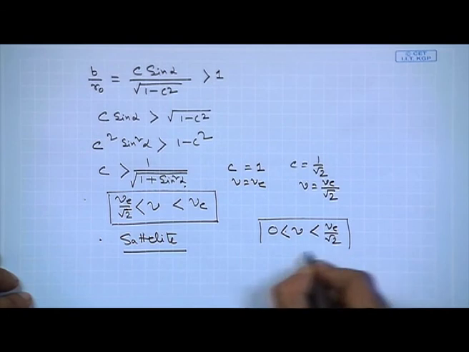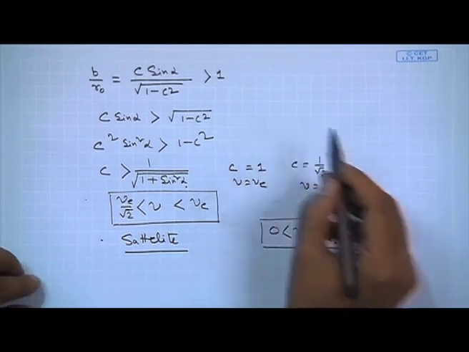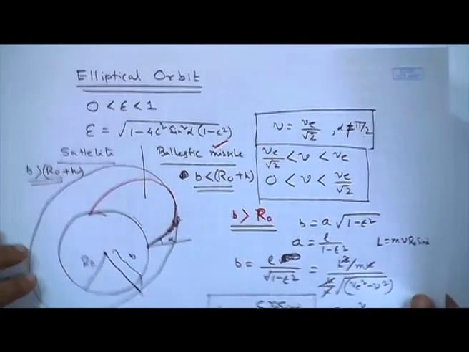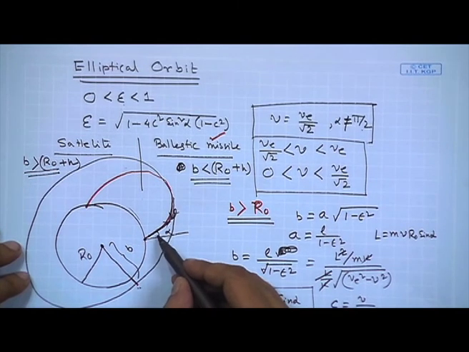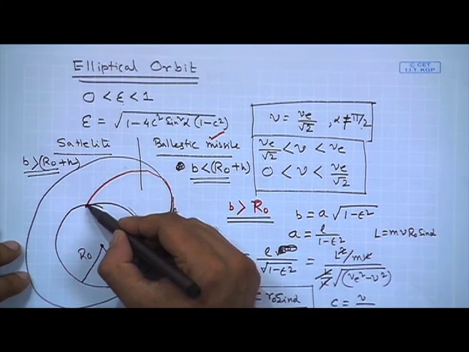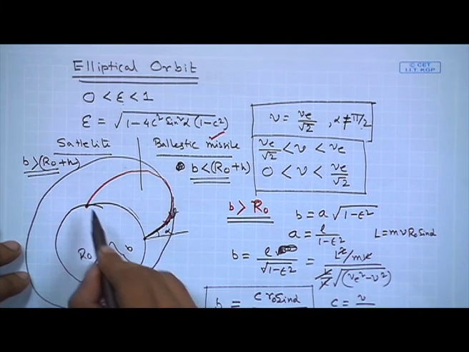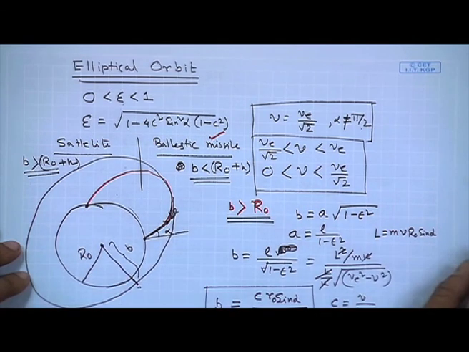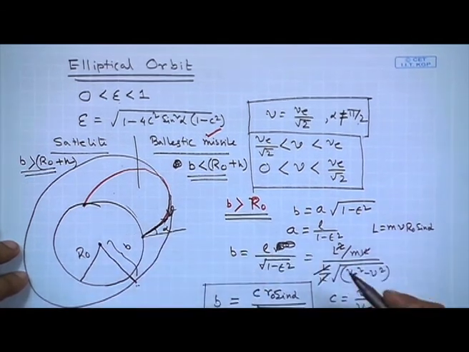And for this particular case, as I have discussed already, as the length of the semi-minor axis is less than r0, the object projected from Earth will come back and hit the Earth's surface at some point. And this particular case, as we have discussed, is called the ballistic missile.